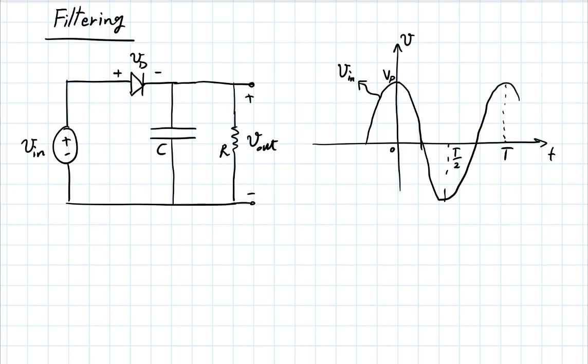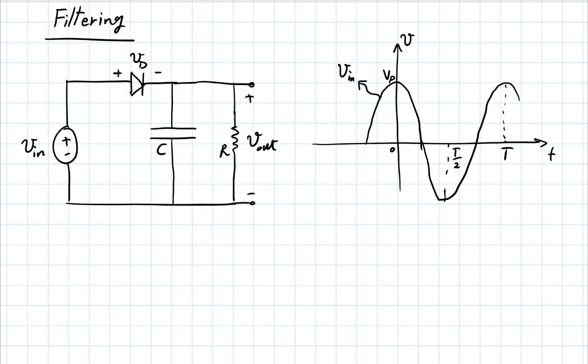Now, if you didn't have a diode there, if it was just a wire connected, well, the capacitor would keep following the input. It would be directly connected to the input, right? So the capacitor would then start to discharge. It would send its charge back, so it would have a negative current, and it would discharge back into the input source. But because the diode does not allow a current to go backward through it, that doesn't happen.